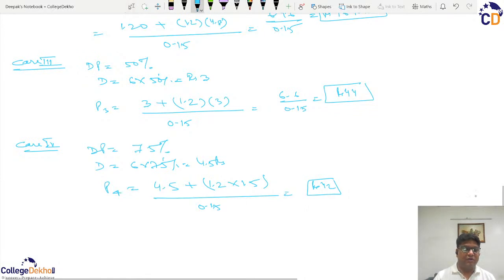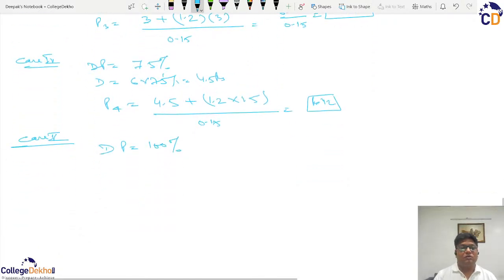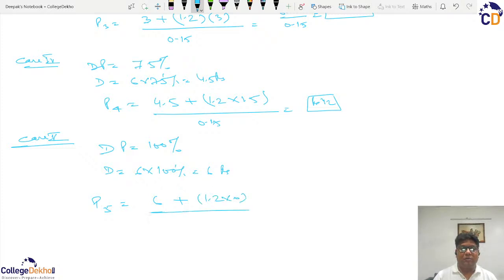And if we now take the last case, case 5, the DP ratio is 100%. So the dividend is 6 into 100%, that is 6 rupees. So P5 will be 6 plus 1.2 into 0 upon 0.15, that is 6 upon 0.15, which is equal to 40 rupees.